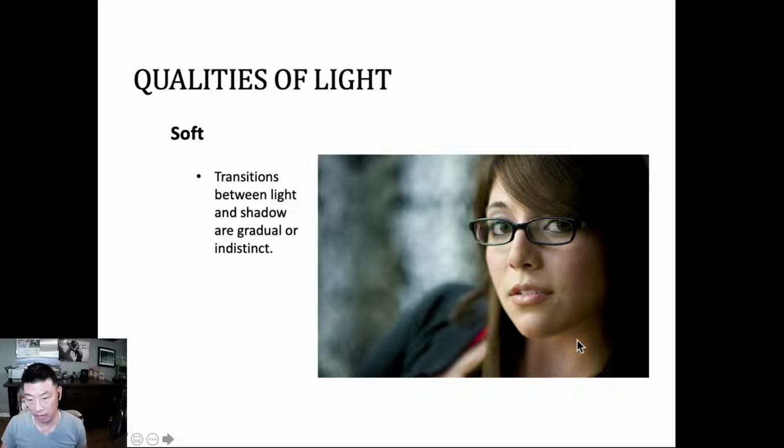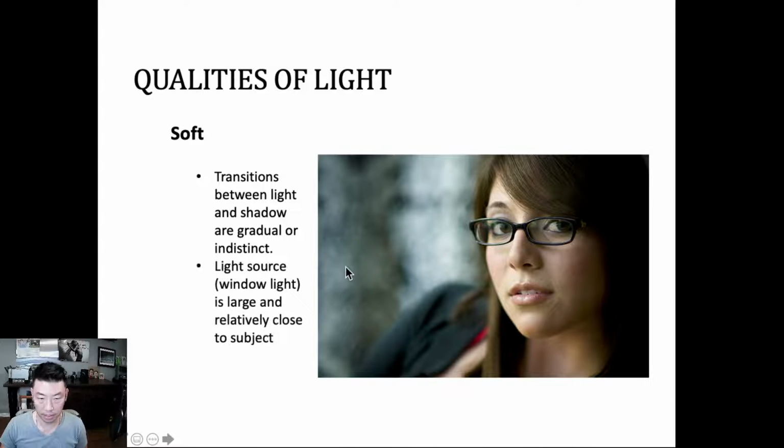In fact, it's very, very minimal. It starts to get dark on camera right side here, but if you notice, that darkness is very, very gradual. There is not a very distinct line between light and darkness compared to what we saw in the black and white image. So this is an indicator of a soft quality of light.